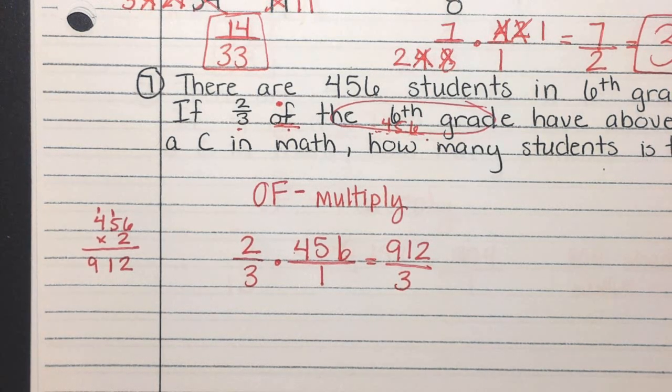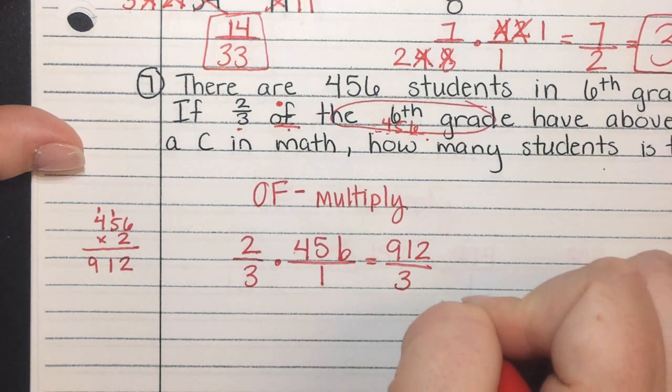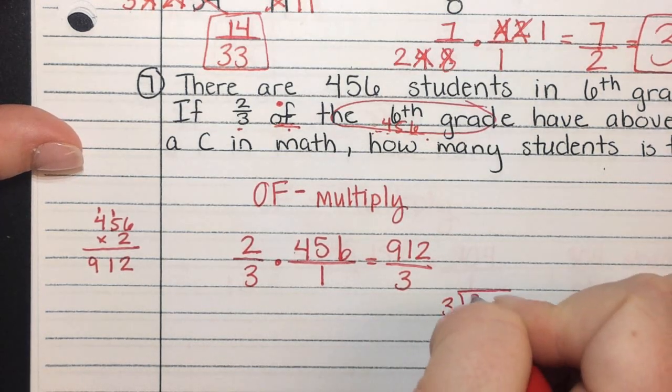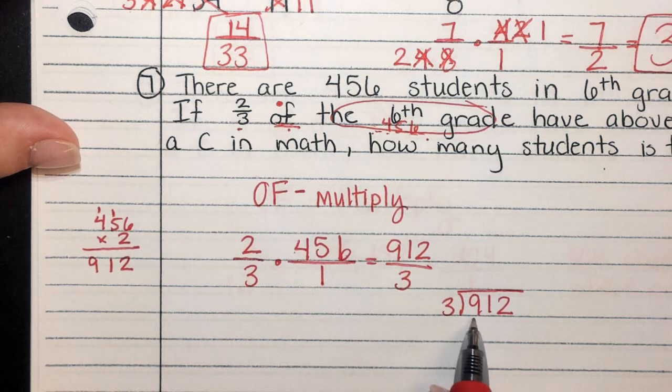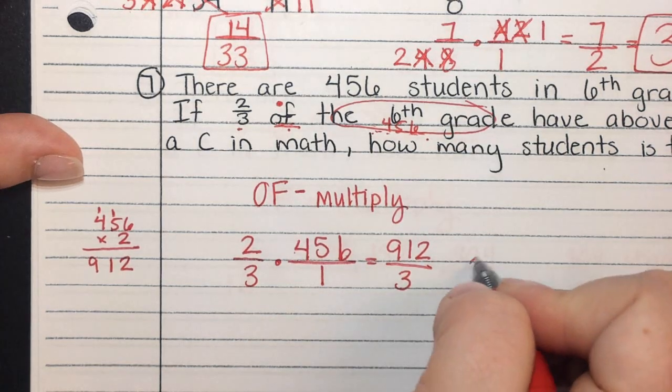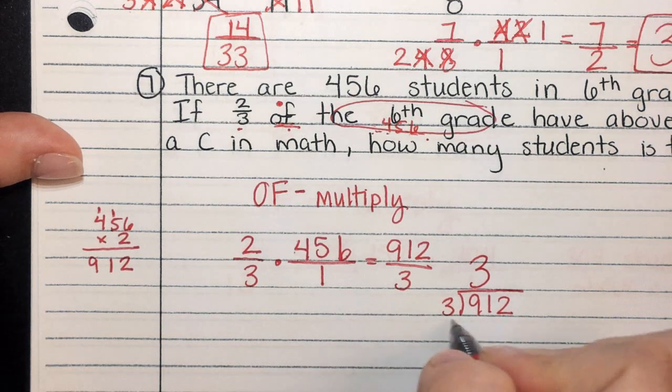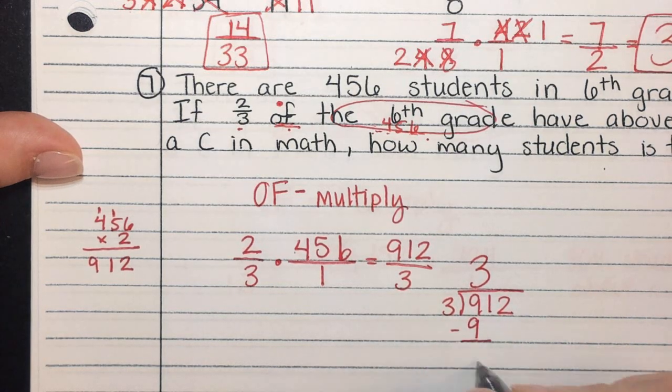No. Now, 912, again, it's a big number. I might not know it'll simplify, but what I do know is I need to make it mixed. So I'm just going to do 3 at the door, 912 in the house. How many times will 3 go into 9? 3 times. 3 times 3 is 9. When I subtract, down the 1.